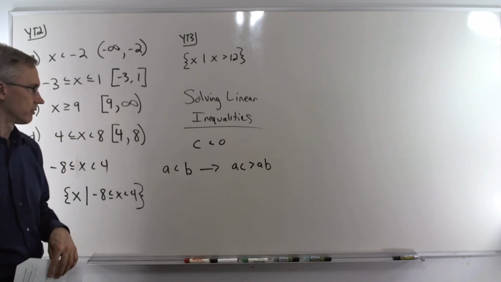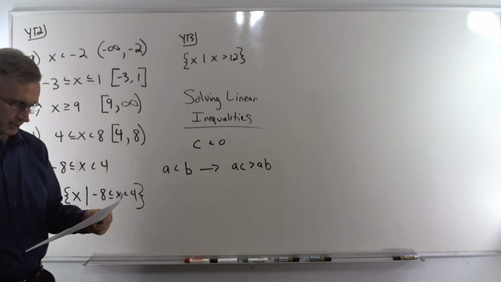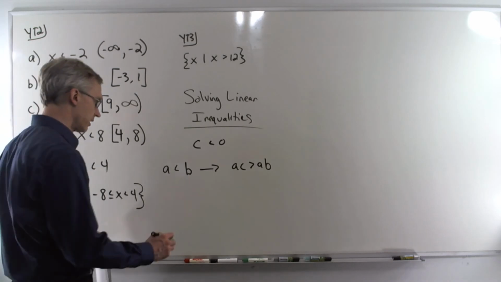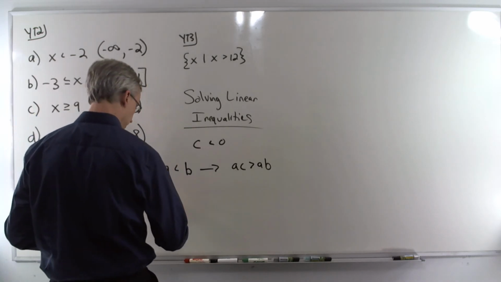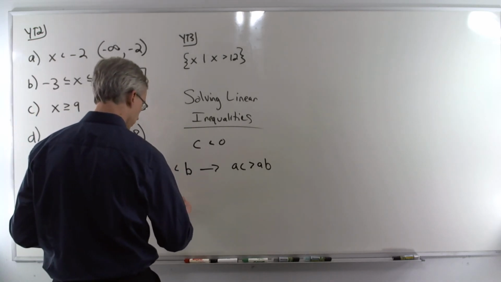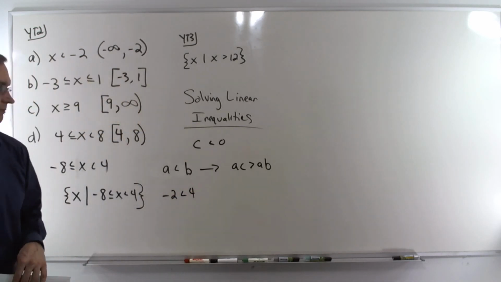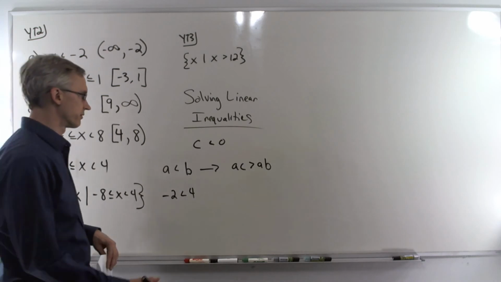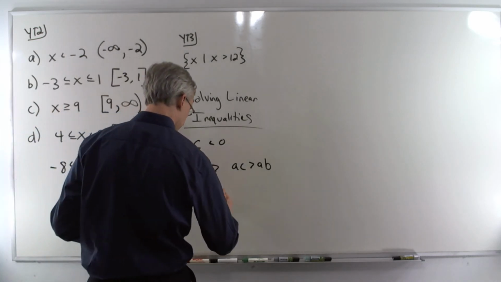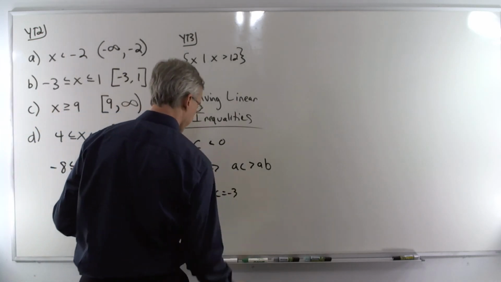All right, let's see why that's the case. Let's say we're starting off with -2 is less than 4. So that's a true statement. Now we need c to be less than 0, so let's say c is -3.